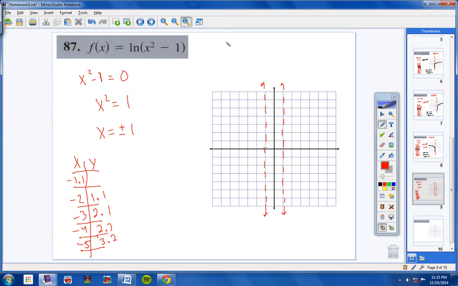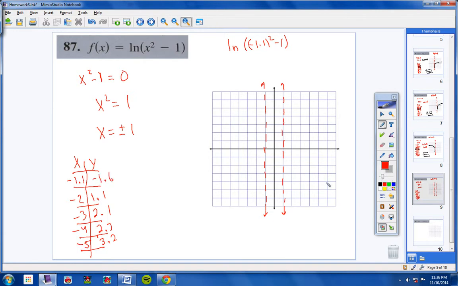Well, let's see. Natural log of negative 1.1 squared minus 1. So here we go. Natural log of 1.1 squared is 1.21, so I really have the natural log of 1.21 minus 1, and I would get negative 1.6.